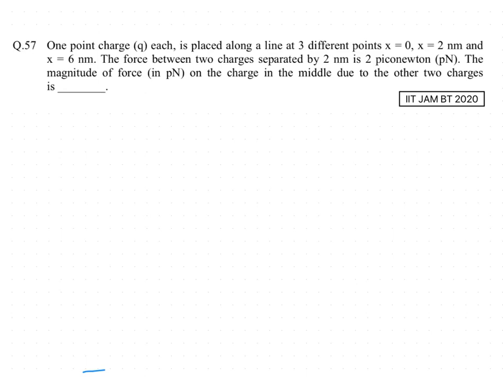Okay, so let us solve this question. First of all, let us draw the line where the three charges are placed. Suppose this is our line, and here the 3 points are x equals 0, x equals 2 nanometer and x equals 6 nanometer.